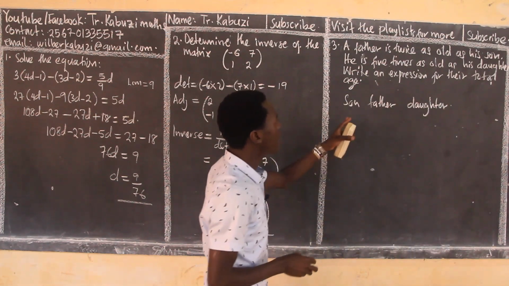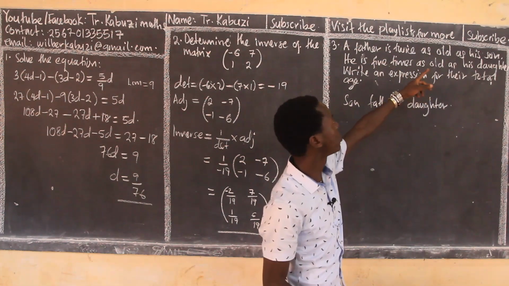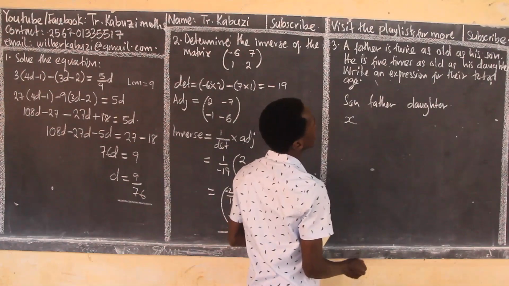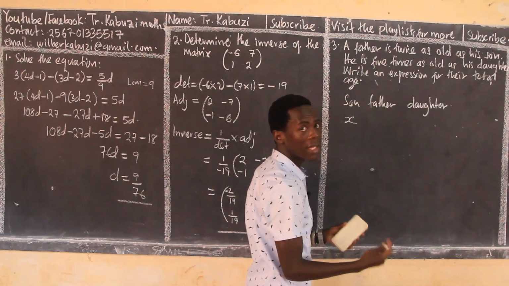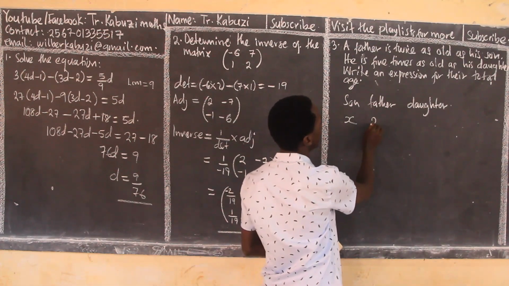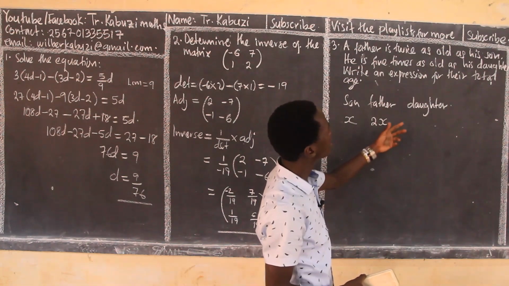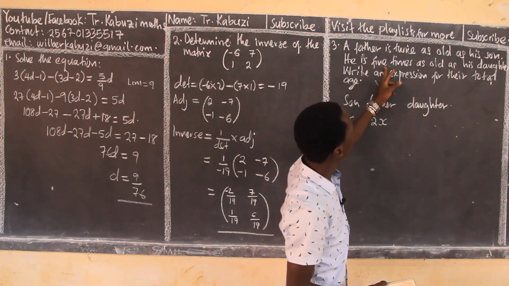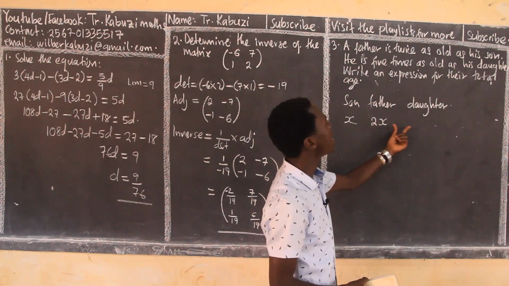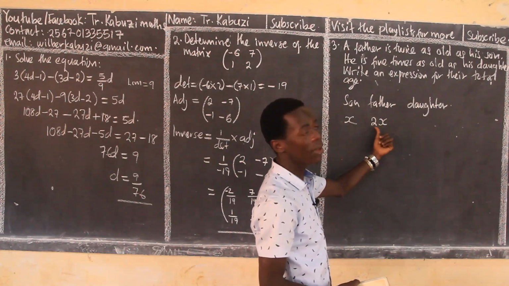Now, we see that they are using the age of the son to relate it with the age of the father. So, if the son is X, they are telling us that a father is twice as old as his son, meaning the father is going to be twice X. And now they are telling us that he is 5 times as old as his daughter. So to get the age of the daughter, we use the age of the dad.